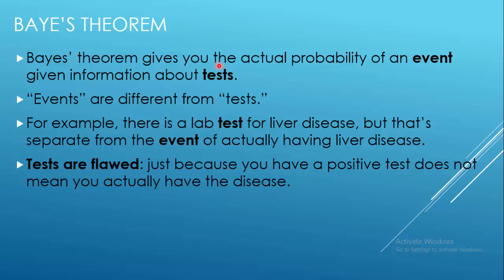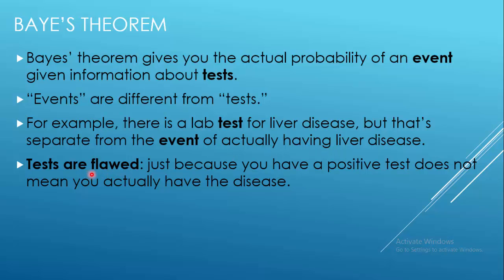Bayes' theorem gives you the actual probability of an event given information about tests. Events are different from tests. For example, there is a lab test for liver disease, but that is separate from the event of actually having liver disease.